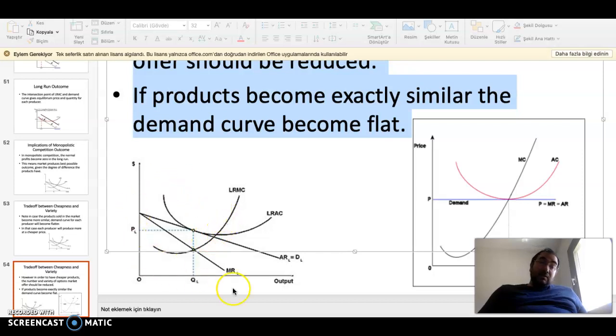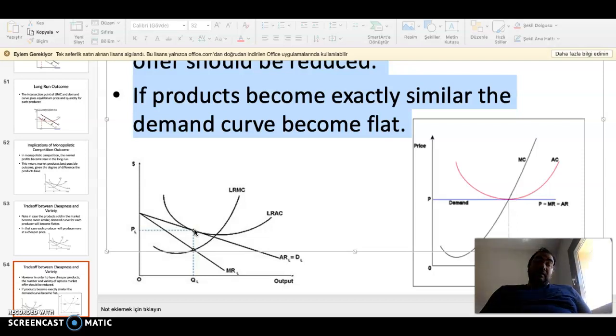However, monopolistic competition also has an advantage, and that advantage is the variety of products. You have differences between the products, and these differences might also help to improve the quality of the products. Note that we are not talking about actual physical differences. The real important thing is the perception of the differences.